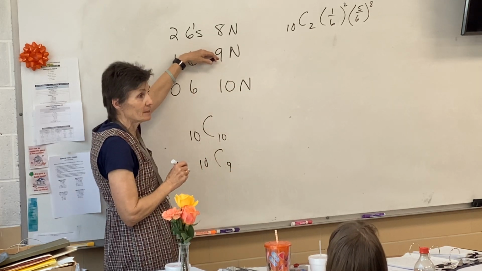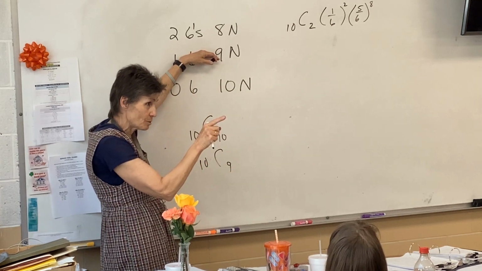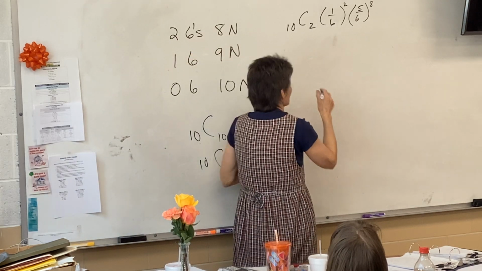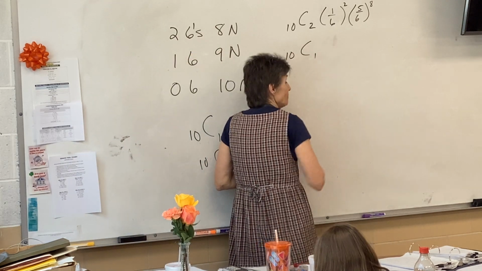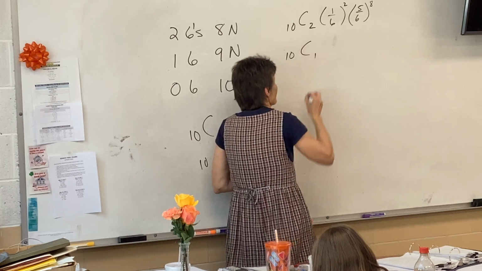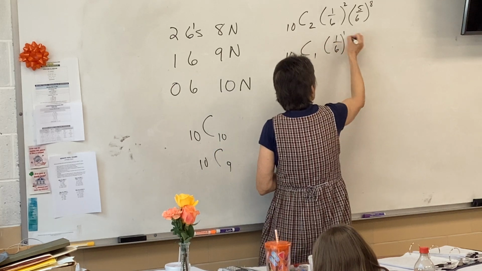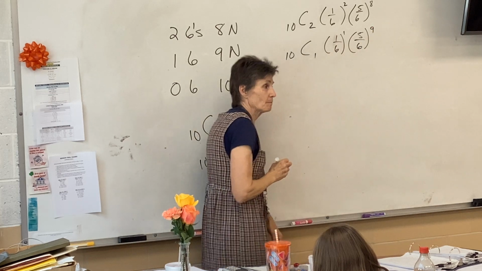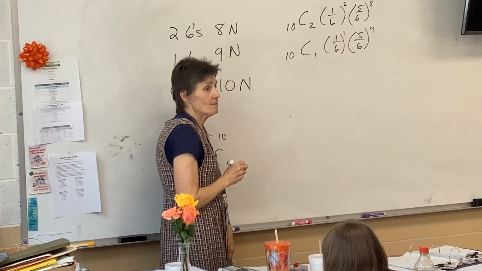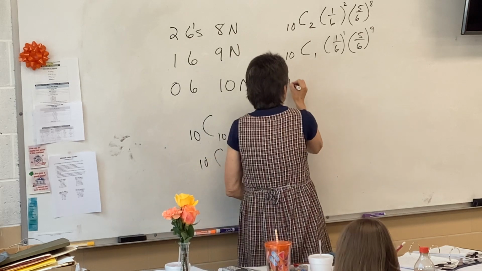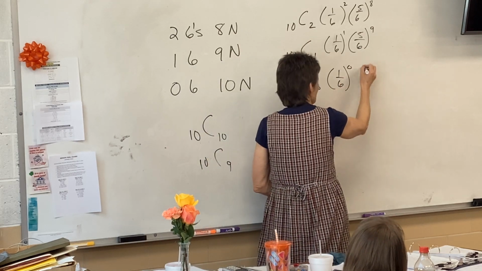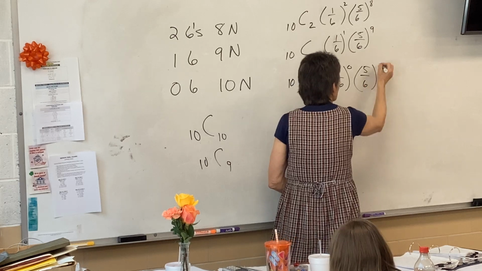That's the probability of exactly 2 6s. All right, what would 1 6 look like? 10C1 and 1/6 to the first, 5/6 to the 9. And then for no 6s, it would be 1/6 to the 0, 5/6 to the 10.